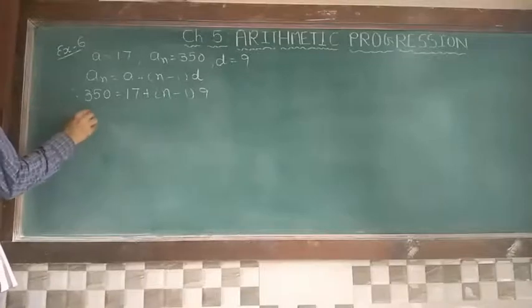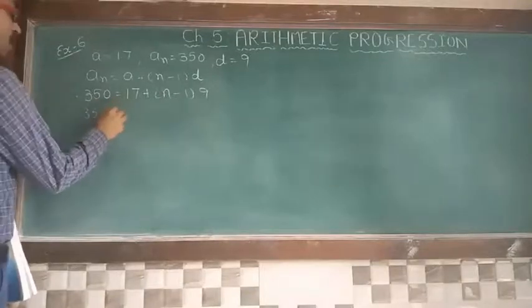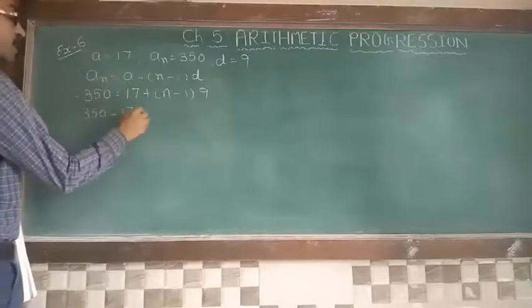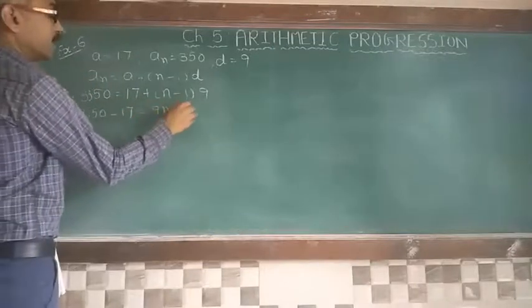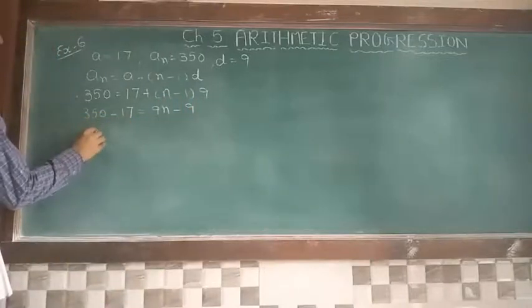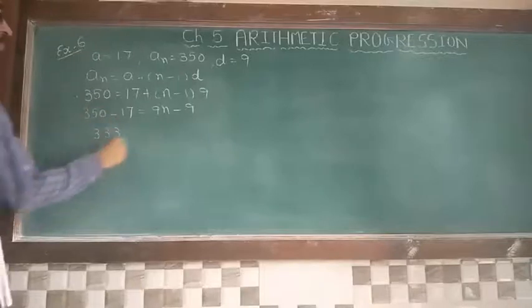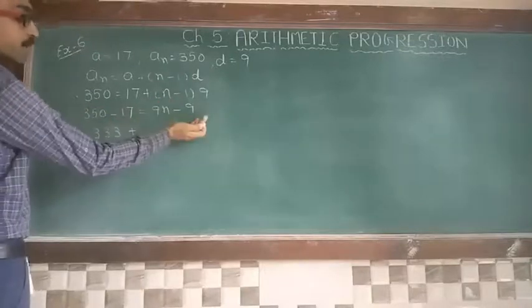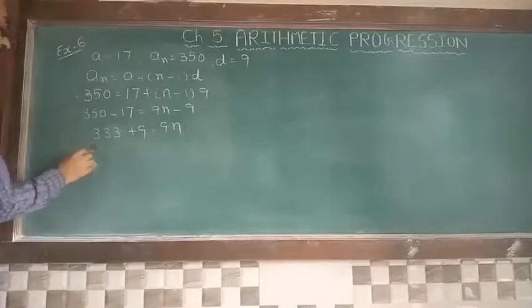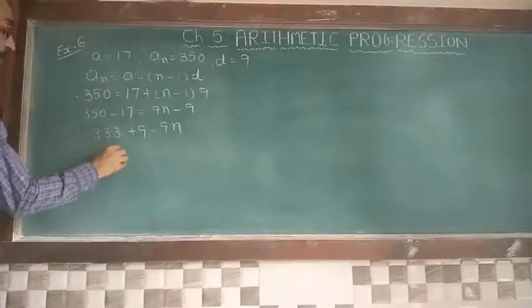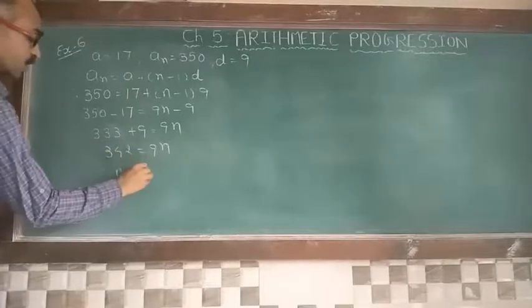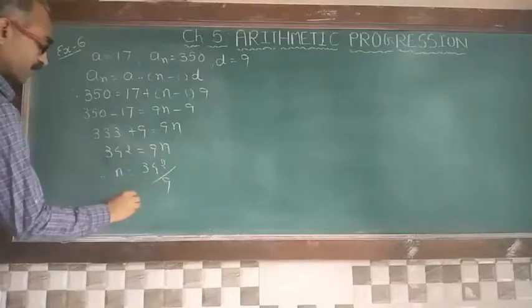That means 350 minus 17 is equal to 9n minus 9. So 350 minus 17, that is 333, plus 9 from right to left, is equal to 9n. That means 342 is equal to 9n, and n is equal to 342 divided by 9.